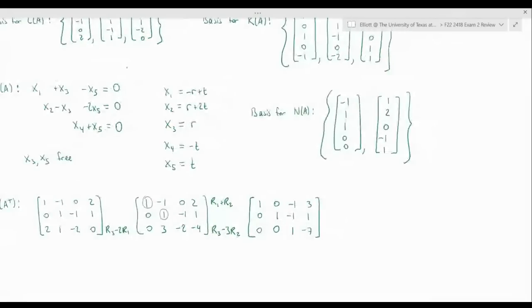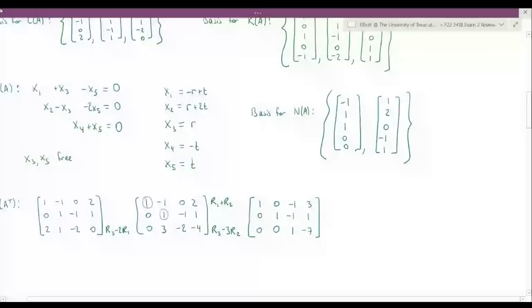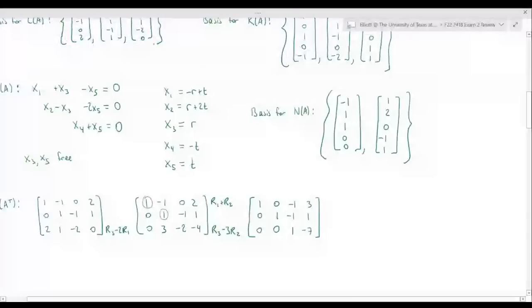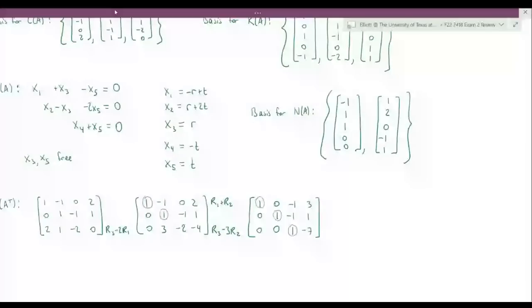All right. And I'll go ahead and eliminate everything above the last pivot. So here's the dirt. Okay. So if I wanted to get reduced row echelon form, I will do row 2 plus row 1.